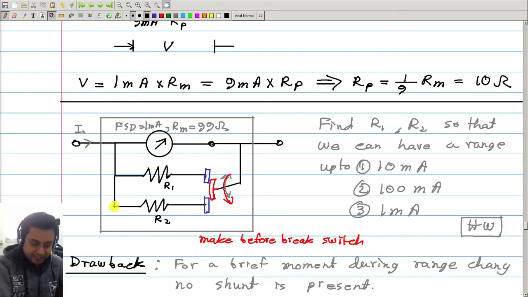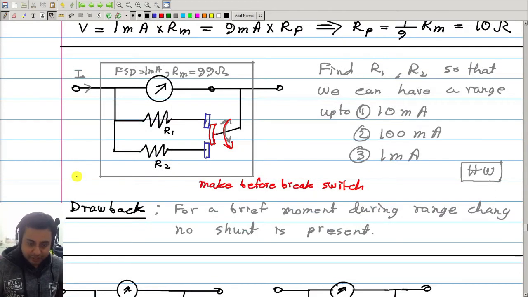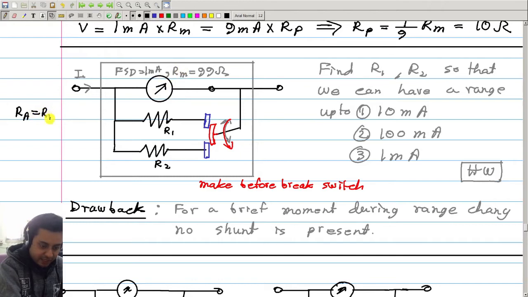Okay, so RA in this case, let me write, where do I write? I write here, RA according to my previous notation is then this meter resistance Rm. This meter means this is only the coil resistance, in parallel with this R1 or R2, whatever is there.